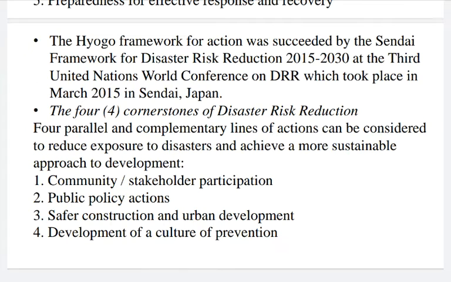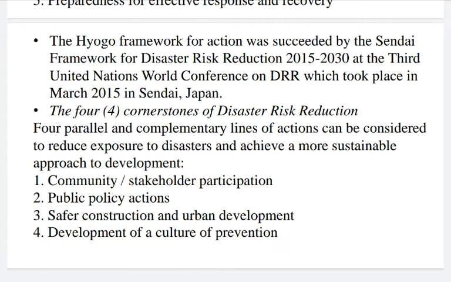By implementing disaster risk reduction, the framework benefits community or stakeholder participation. Stakeholders means those who are affected by the disaster, or the people who are working for disaster reduction, all can be included as stakeholders.